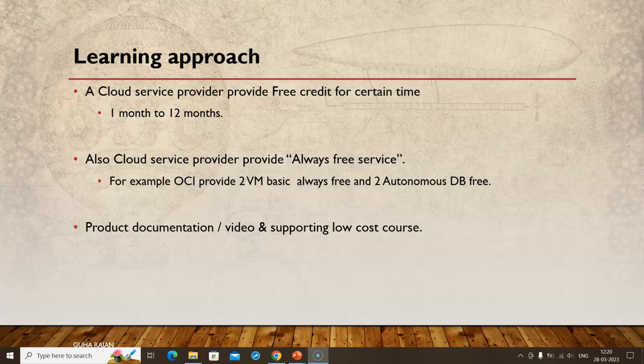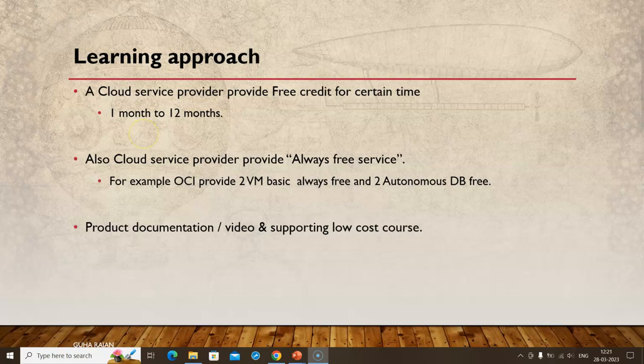You can refer to various platforms like Udemy or others that offer these courses. So you can go for low cost courses if you have the prerequisite knowledge and an understanding.